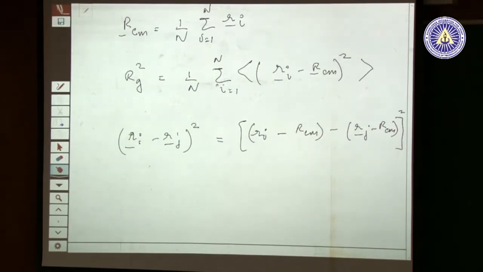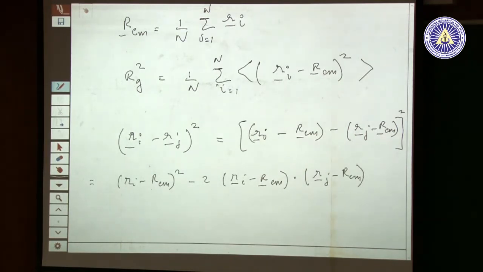And now, if I expand the square, then what will I get? I would write this as Ri minus Rcm the whole squared, right, minus 2 times Ri, oh sorry, these are all vectors, dotted with Rj minus Rcm, plus Rj minus Rcm the whole squared.